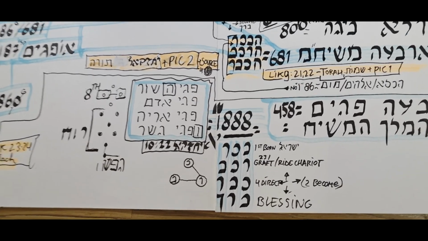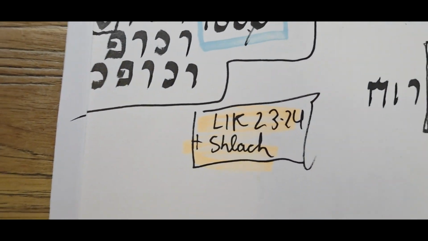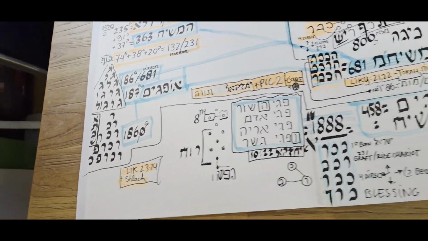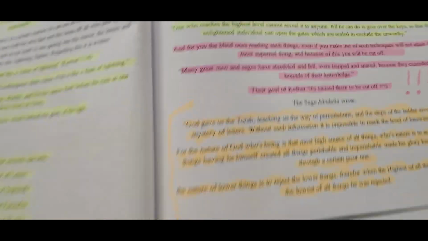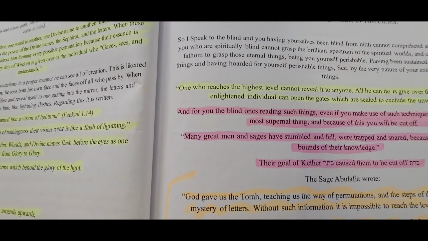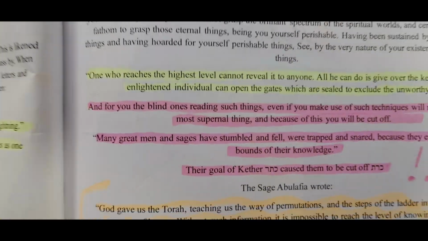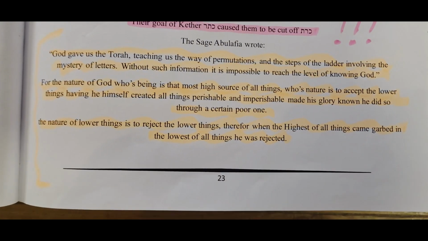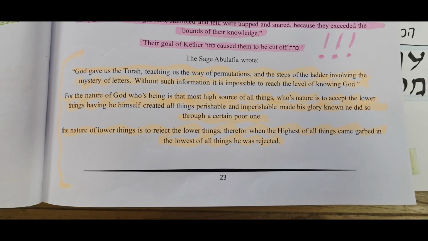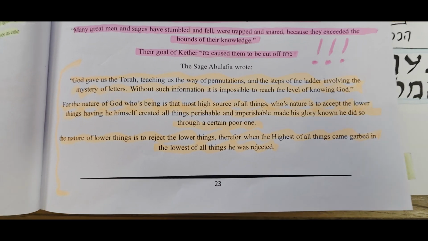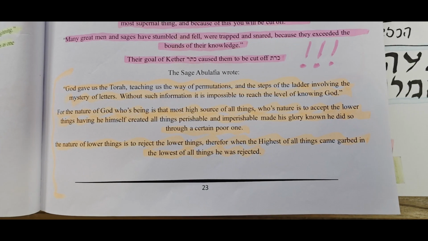And then the last source I would want to read with you all is Likkutei 23:24. Already got it here. And we'll start in the orange part. So God gave us the Torah, teaching us the way of permutations and the steps of the letter involving the mystery and letters.